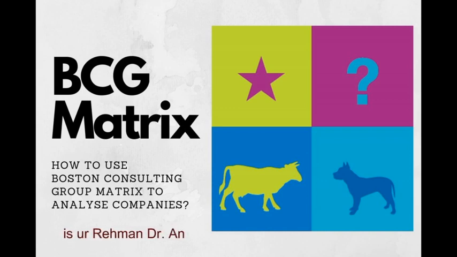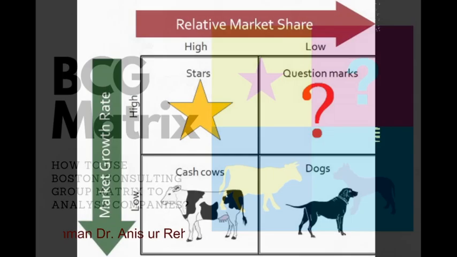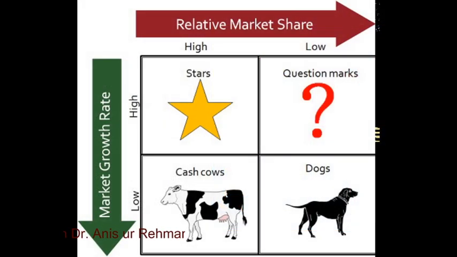So let us start with the BCG matrix quadrant. As you can see here, this diagram shows a simple example of the BCG matrix. On the x-axis we have relative market share, on the y-axis we have market growth rate.